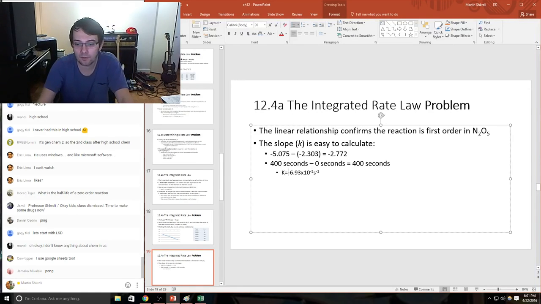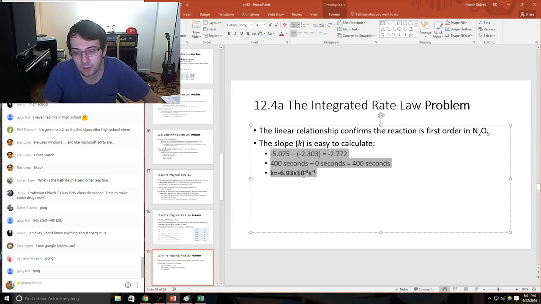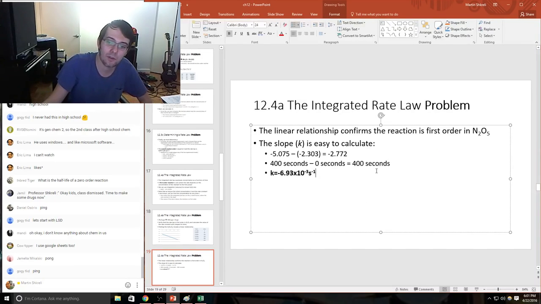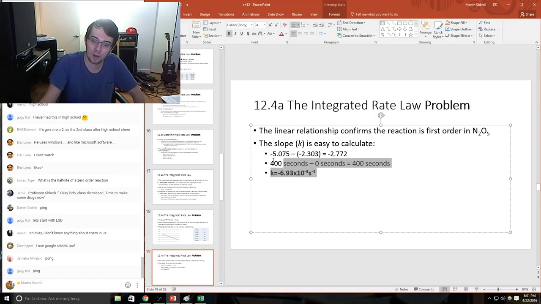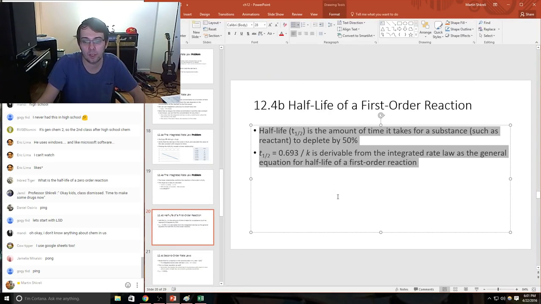With the value of k, we can calculate the concentration at any time point, at 392 seconds, at 7,000 seconds, any number of seconds, and we know exactly how much dinitrogen pentoxide we have. That's why this is a really cool equation.